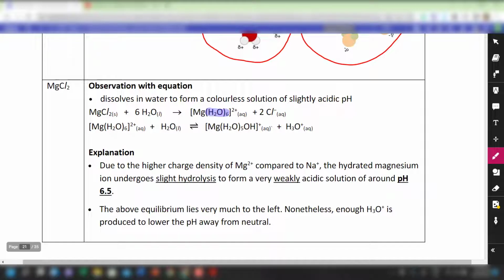In the process it gives us this particular octahedral complex. Mg2+ has a relatively high charge density, not very high but quite high, so it will hydrolyze very, very slightly to give us a little bit of H3O+.